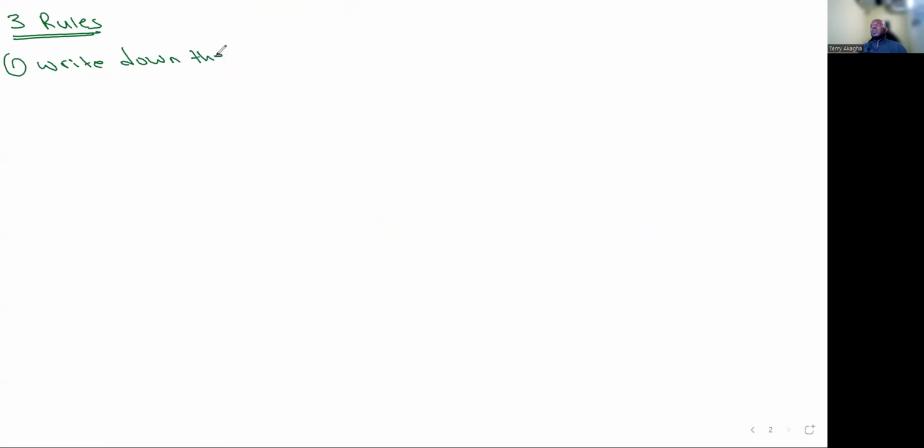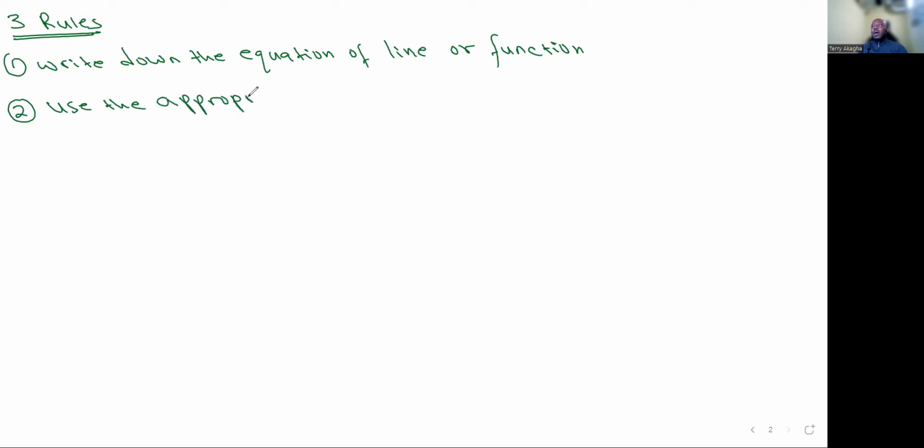So write down the equation of the line or the equation of the function, or if it's a function, write it down as a function of the 2 variables, the x and the y. Then number 2, you then have to use the appropriate substitution method to find the x and y. Okay, you have to use the appropriate substitution.